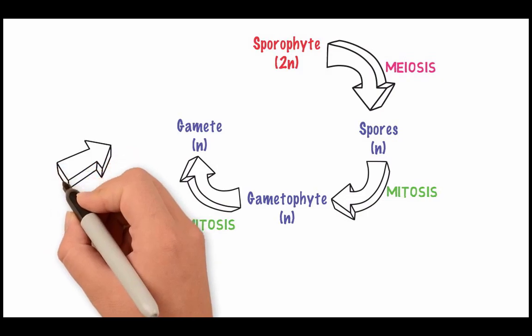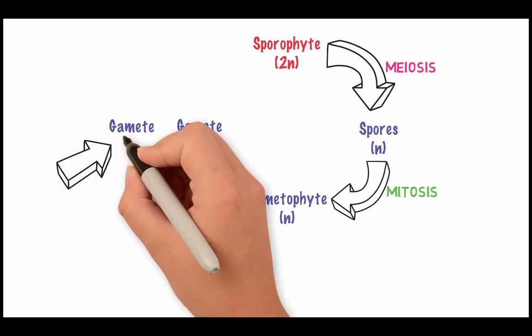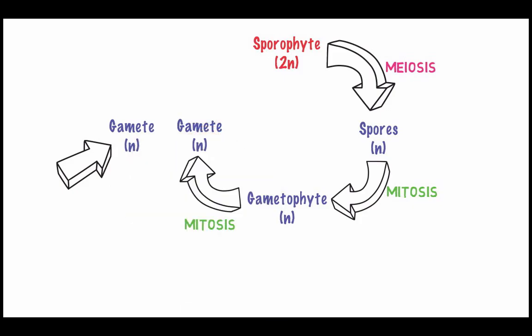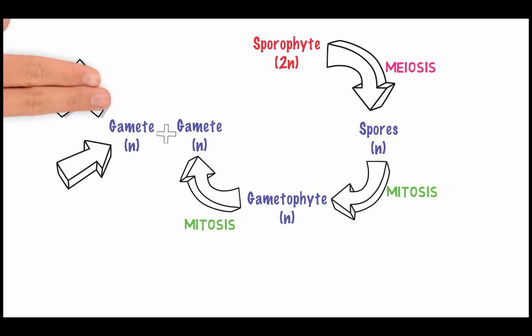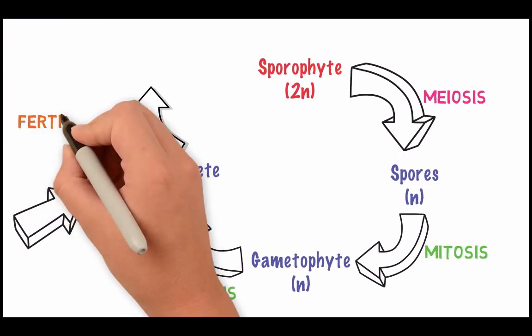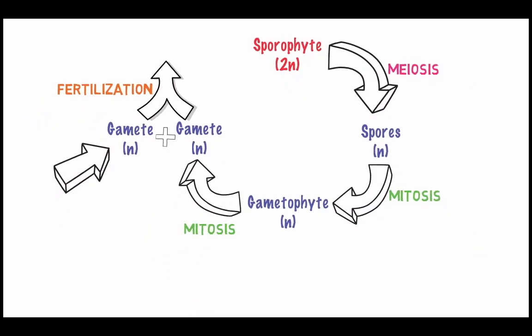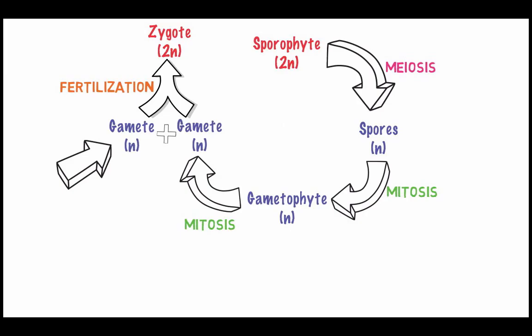The gametes will fuse, forming a diploid zygote. The diploid zygote then undergoes mitosis to form the multicellular sporophyte.